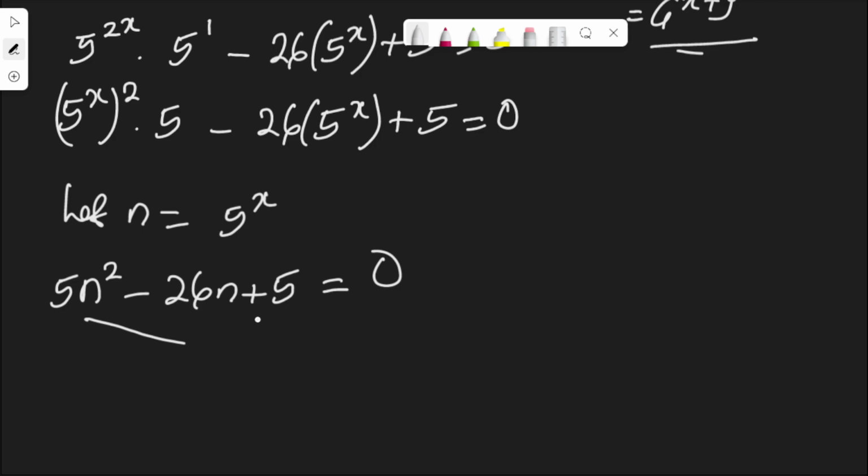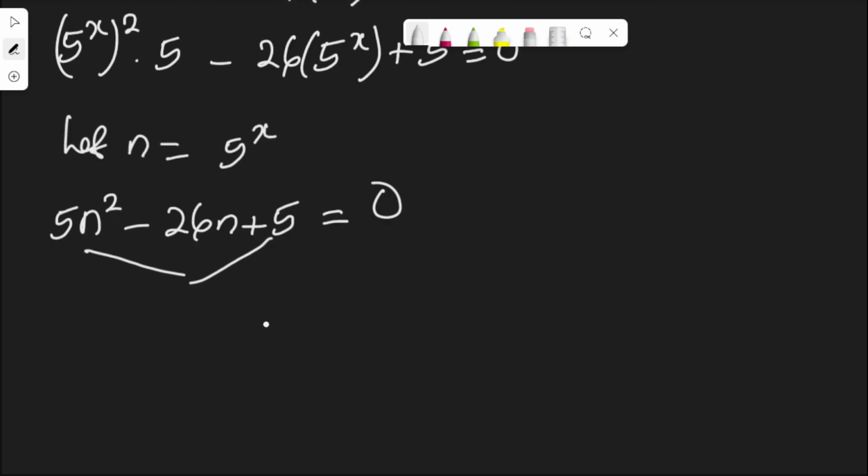Again, quadratic, so let's solve that by multiplying the first term by the constant term. 5n squared multiplied by 5 is 25n squared. Then we look for two factors of 25n squared that add up to this middle term, negative 26n. That should be 25n and n.